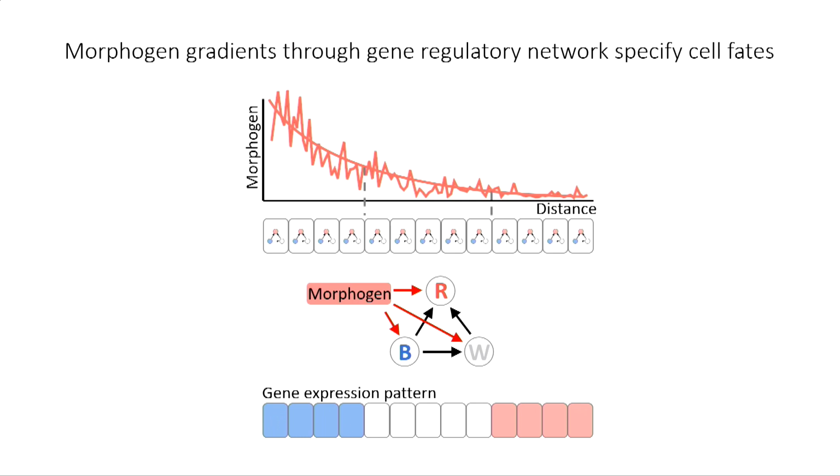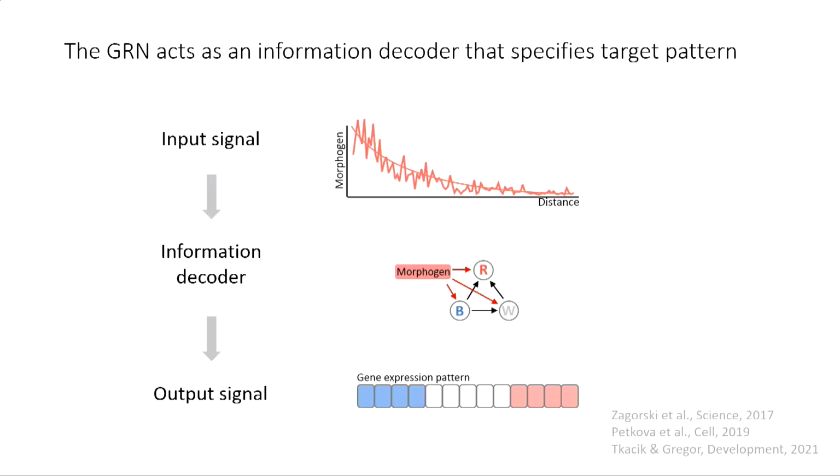And this creates, as a result, a gene expression pattern that has stripes. And these stripes will later on give rise to different types of organs, body parts. In my case, in the spinal cord, it will give rise to different types of neural progenitors that then will get matured and will become neurons.